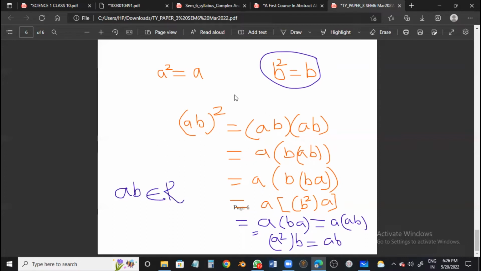So we have shown by a series of steps that AB belongs to our ring. Means AB is also an idempotent element. Followed me?